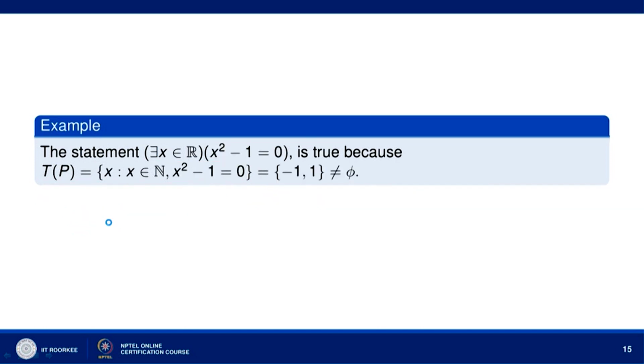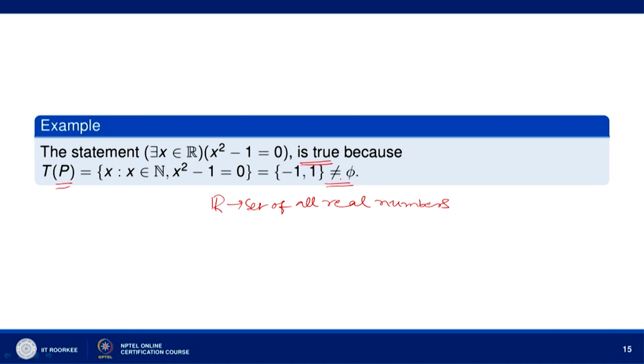Let us take another example. The statement: there exists x belonging to R, where R is the set of all real numbers, such that x square minus 1 equals 0. This statement is true because T p is not equal to phi.